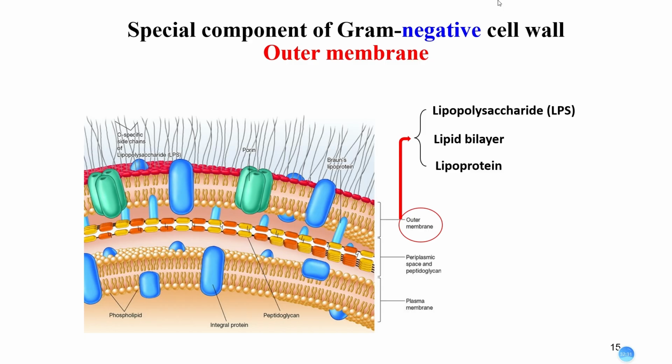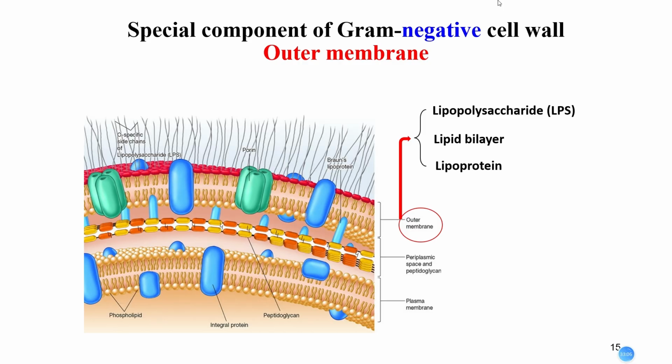But on the outer part here, it's made up of LPS, lipopolysaccharide. Do you know the meaning of LPS? What's the meaning, lipo? Yes, it contains lipid. Poly means multiple, a lot. Saccharide, sugar, right? So that tells us the major components in LPS.